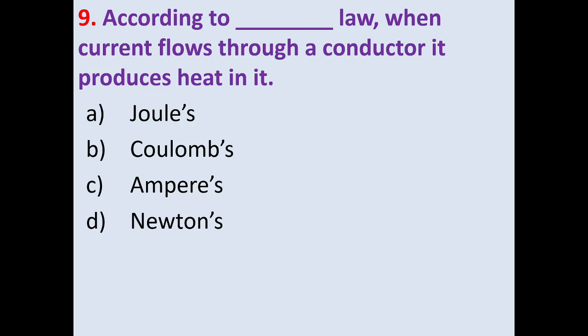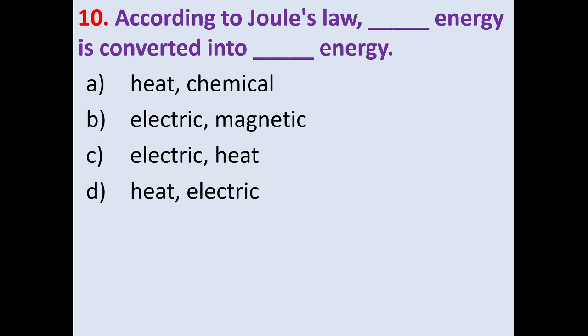According to dash dash law, when current flows through a conductor, it produces heat in it. So current flowing through a conductor produces heat. This is Joule's law of electric heating. According to Joule's law, dash dash energy is converted into dash dash energy. So according to Joule's law, whenever a current flows through a conductor, it gets heated.